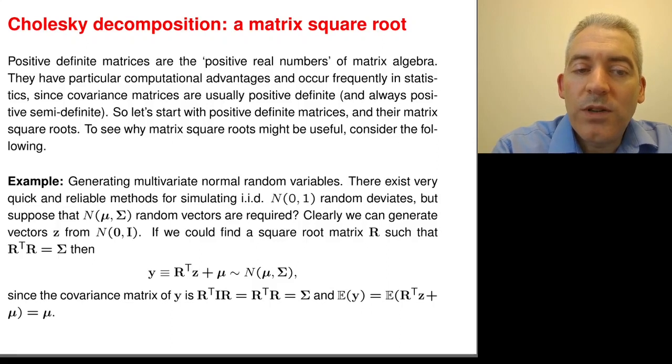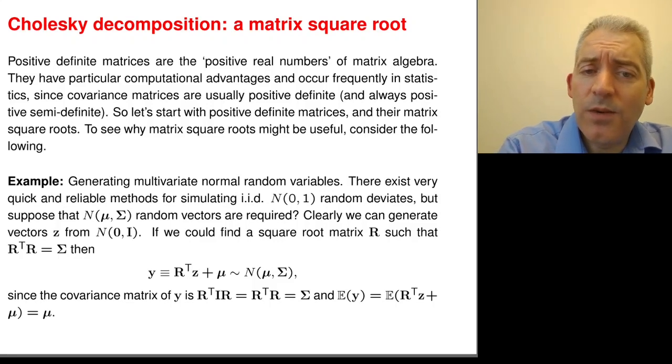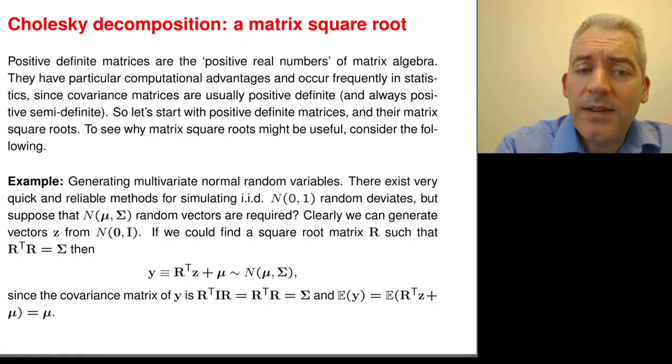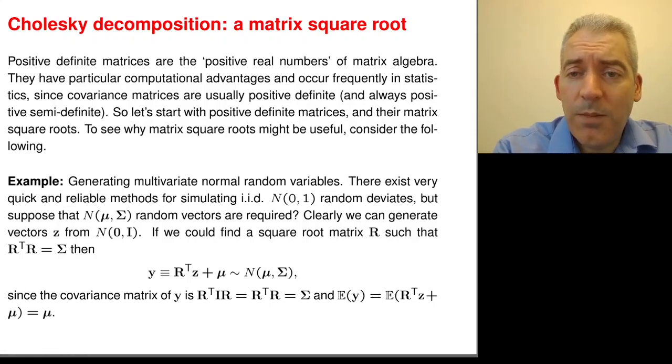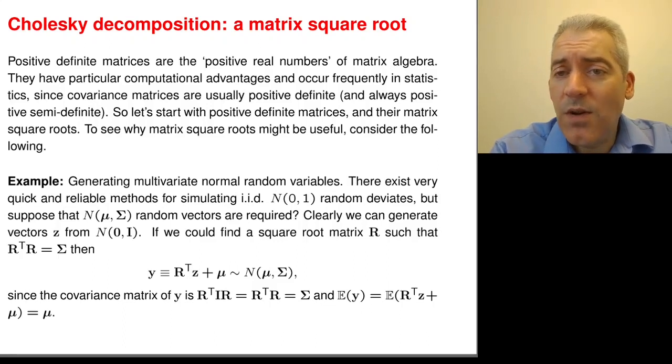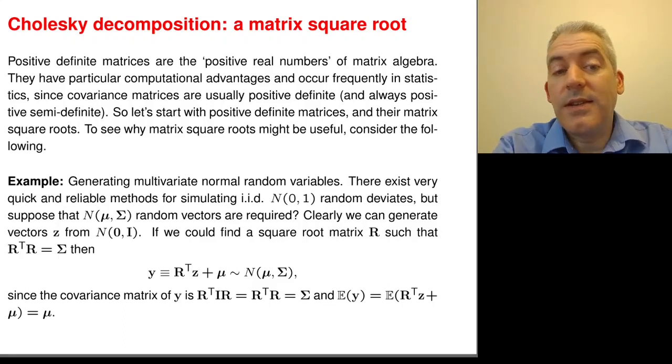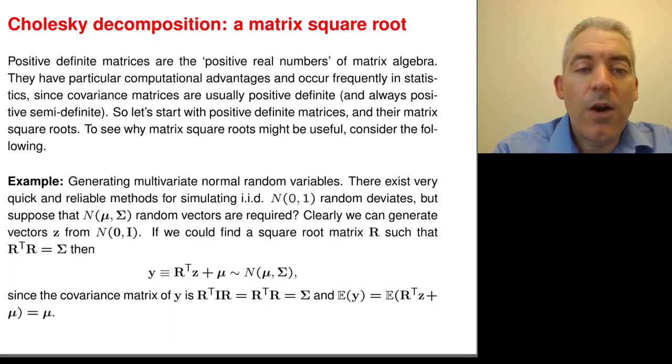What if we wanted to simulate values from that distribution? Well, just by stitching together a few IID normal 0-1s, we can easily generate vectors Z that are multivariate normal in the trivial case of a mean vector that is 0 and a variance matrix that is the identity. Okay, that should be clear, I hope. So we have a way of simulating vector Z from that very special multivariate normal distribution.